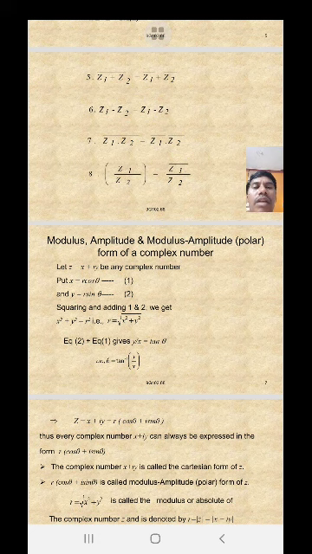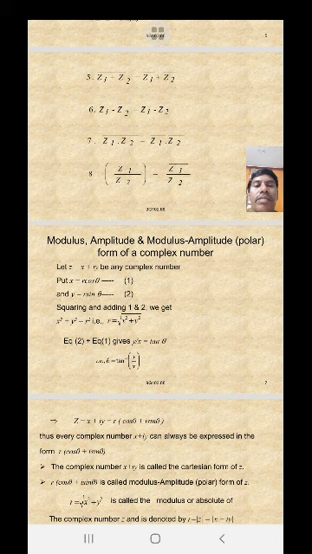If it is not in the Cartesian form, then we have to convert it into Cartesian form by rationalizing the denominator.